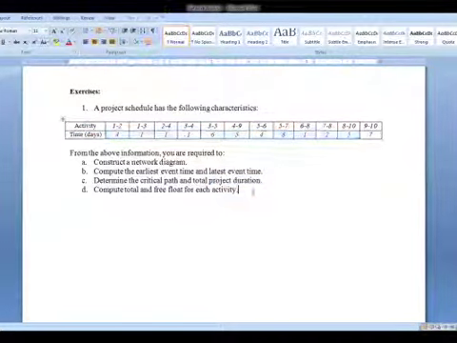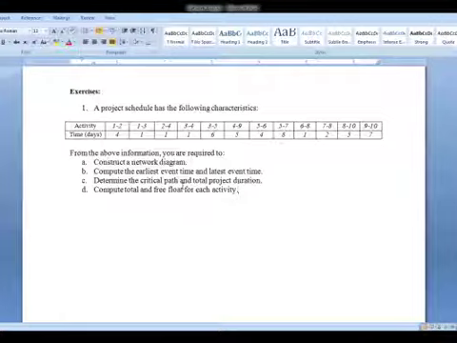That's not the correct method. You need to first draw the network diagram, then you will come to know which are the parallel events, which are the critical events and the critical path. Then you will be able to understand what will be the total project duration. Based on the critical path only, you get to know the total project duration. Anyway, we will start solving this problem.